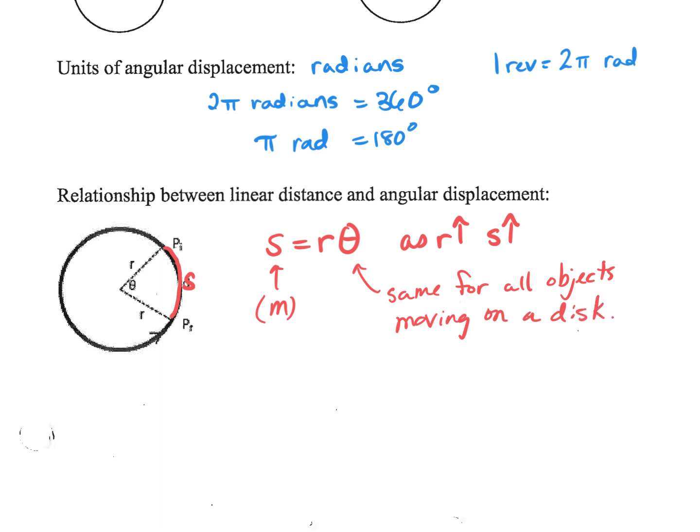In other words, the disk is fixed. If one point on the disk moves 90 degrees, then all points on the disk move 90 degrees. However, R is not the same for all of the objects on the disk. The further out on the disk they get, the bigger R gets, so the bigger the arc length they describe as they move through that angle.